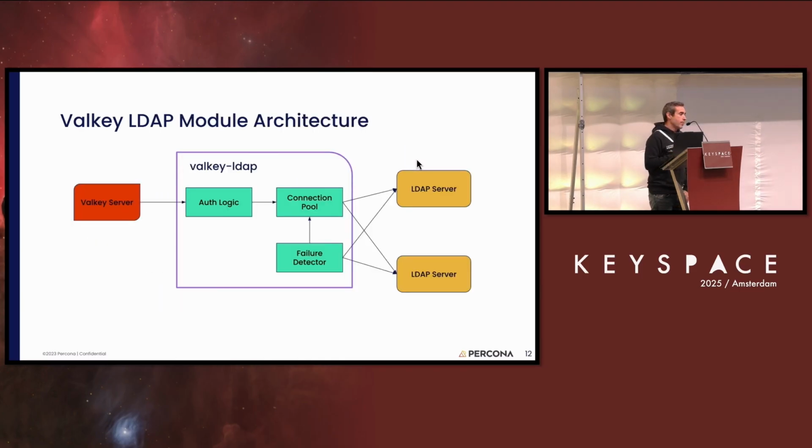So this is a very simple architecture of the module. We have the Valkey server, which is the Valkey core running, and then the module, which is a shared library. Inside it has all the authentication logic, and we also manage connection pools to the several LDAP servers, and we also take care of faulty connections.